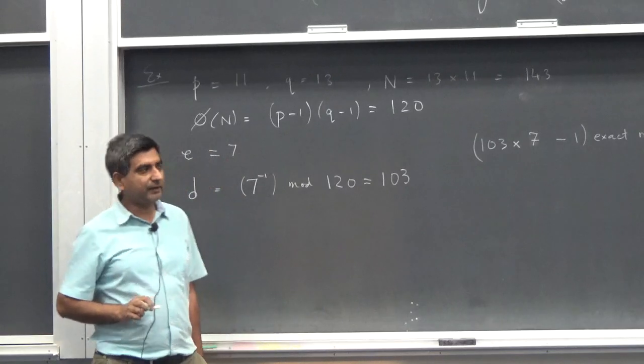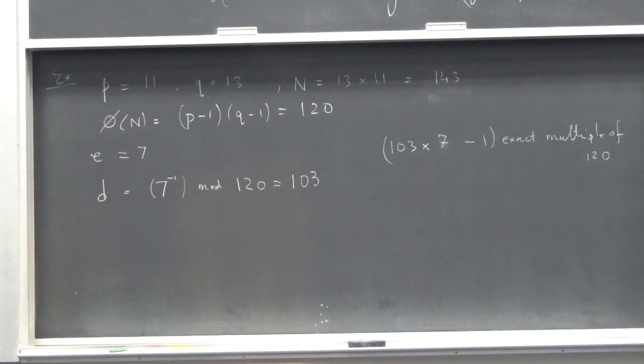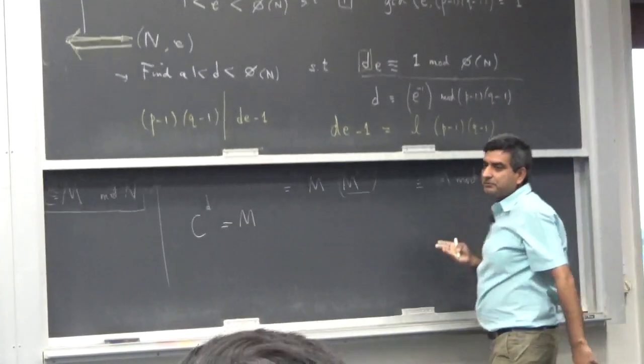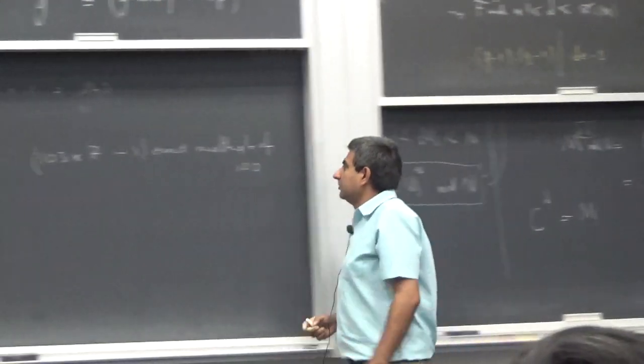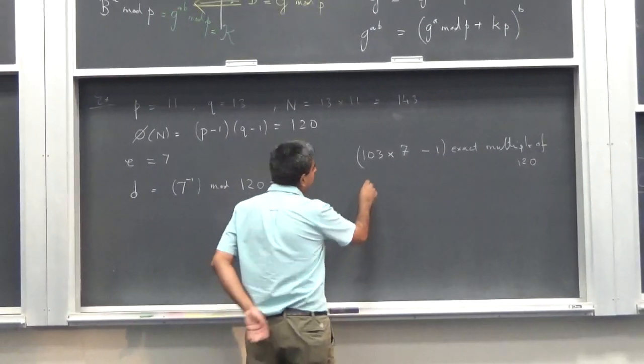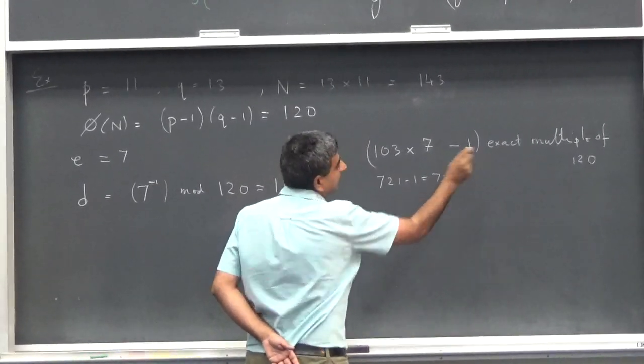That's what this means, right? So this is just writing in English language this number theoretic congruency. So can you just verify this, please? So this is 721 minus 1 is 720. It's a multiple of 120.